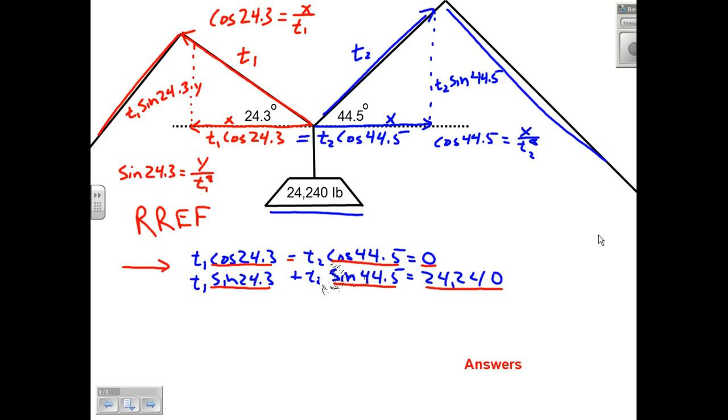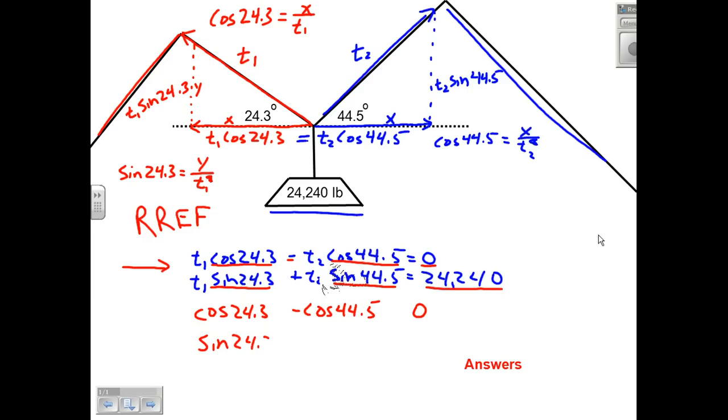The nice thing about this, on our TIs at least, is that we don't have to figure out what cosine of 24.3 is and enter some approximate decimal. We can go straight into that matrix and represent our 2 by 3 with cosine 24.3, provided your calculators are set in degrees, and then a negative cosine 44.5 and a 0.